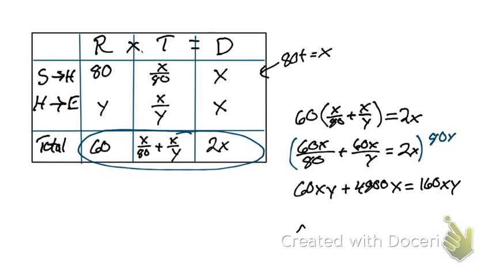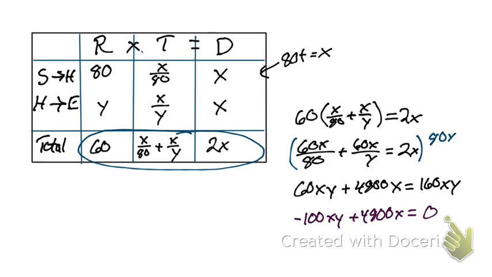Okay, well, the xy's we can get on one side. So let's subtract 60xy from both sides and subtract that 4,800 from both sides. Actually, let's go the opposite direction. It's one less. So we're going to have negative 100xy plus that 4,800x equals 0.